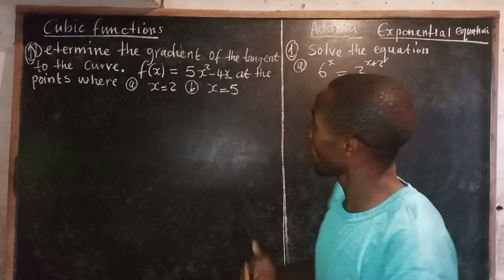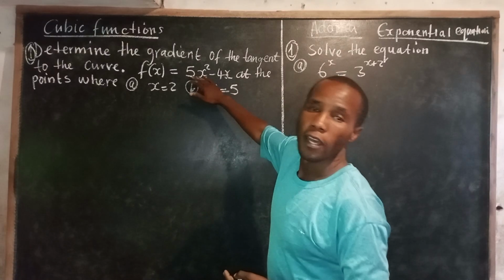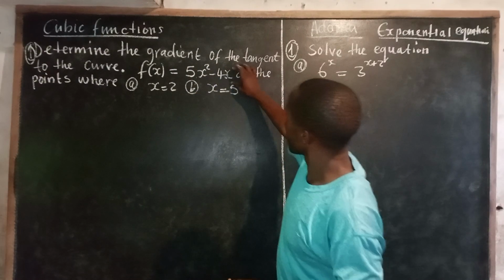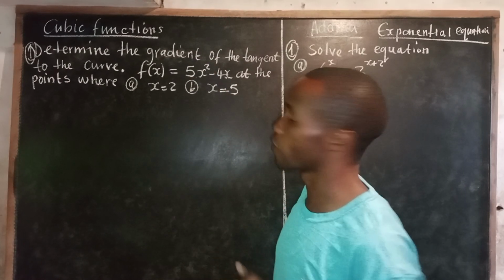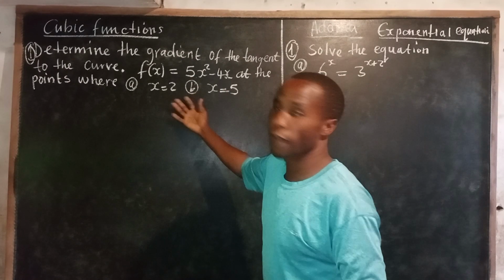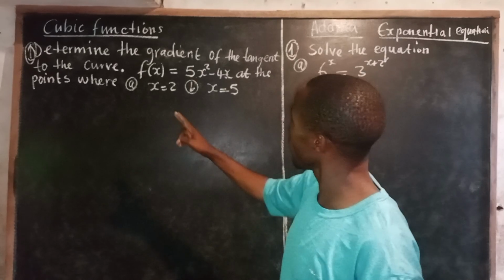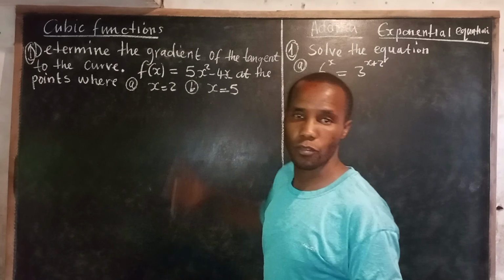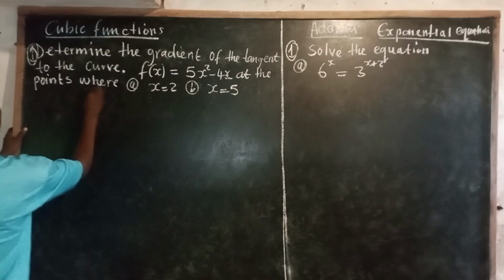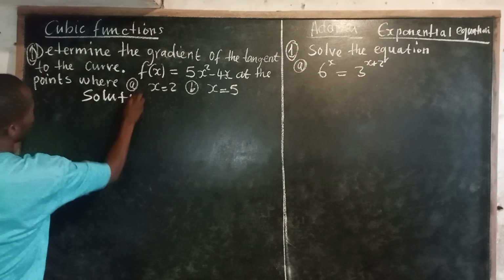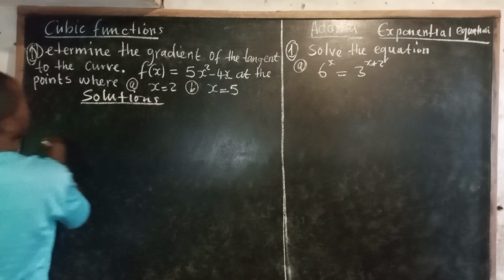That means we need to differentiate this curve, then substitute the x values that we are given for A and B. So that is the procedure. Let us go to the solutions.